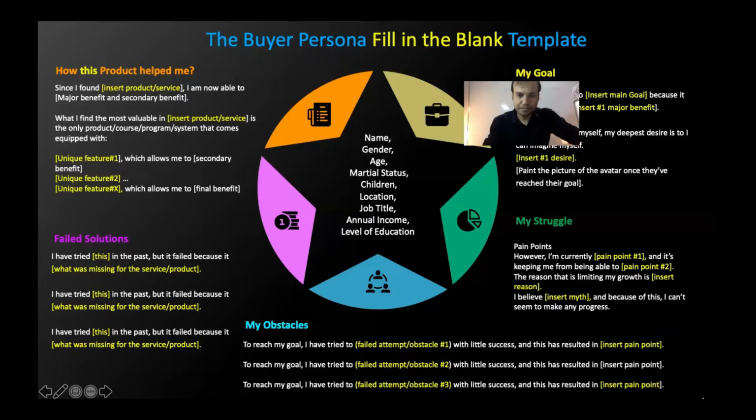My obstacle to reach my goal: maybe I have tried to enroll in some online courses or particular Facebook ad courses or freelance courses or coaching and development training courses, and I got very little success. And this has resulted in no growth, no sales, no leads, whatever you can put into that.